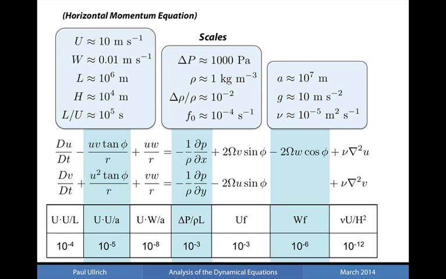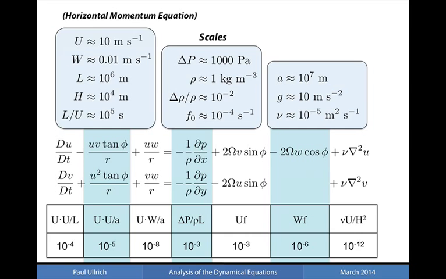The second curvature term has scales 10 to the minus 8 meters per second squared. Pressure gradient force has a scale of 10 to the minus 3 meters per second squared. The horizontal Coriolis force has scales 10 to the minus 3 meters per second squared. The vertical Coriolis force has scales 10 to the minus 6 meters per second squared, and the viscous term has scales 10 to the minus 12 meters per second squared.